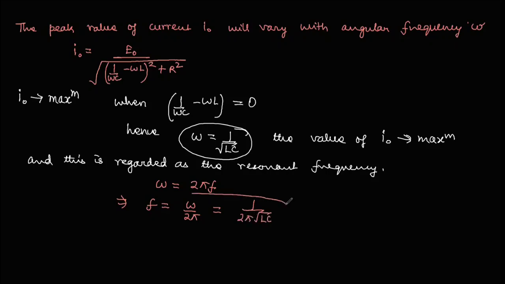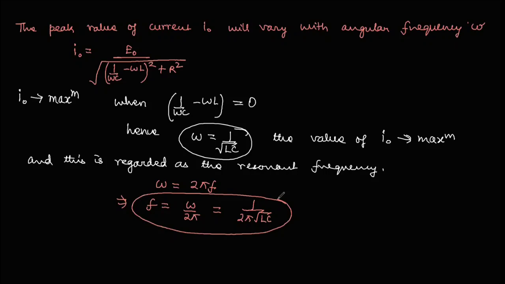This is regarded as the value of resonant frequency, and omega is equal to 1 by root LC is the corresponding value of angular frequency. That is, at this value of f or this value of omega, the value of peak current will be maximum.